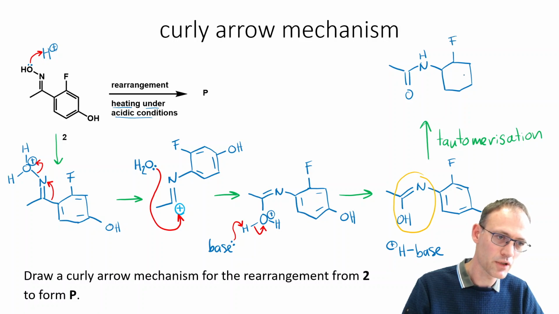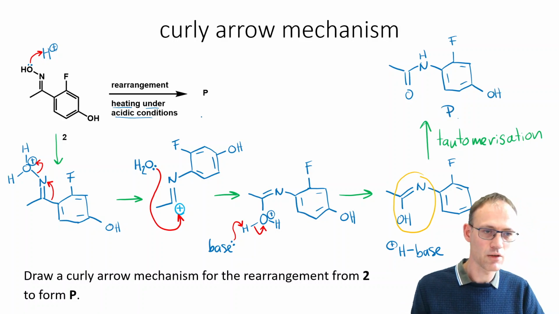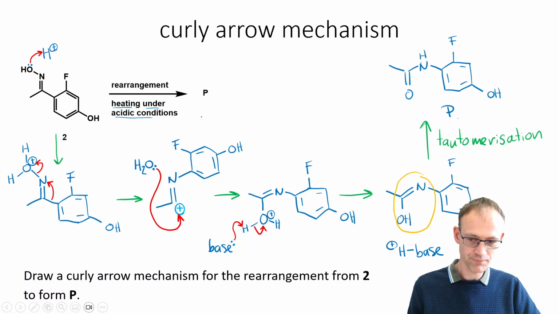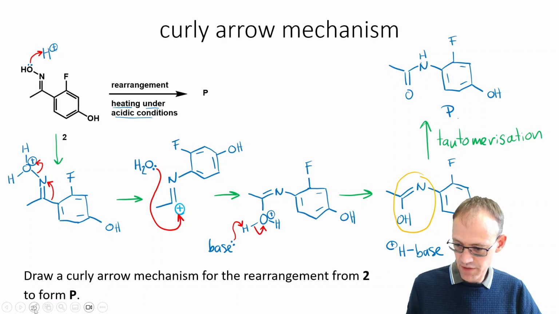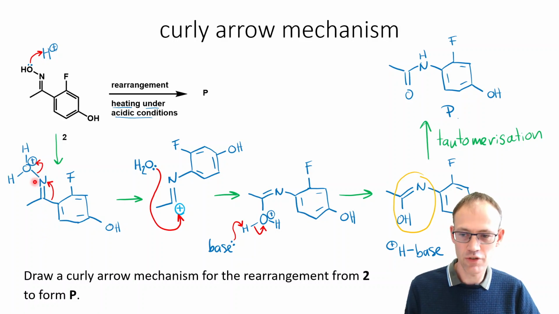But my final product, P, is now this product over here. Okay, so that is the curly arrow mechanism. But the key step in the Beckmann rearrangement is this particular set of curly arrows over here, where the electrons in this carbon-carbon bond move to the nitrogen, and the electrons between the nitrogen and the oxygen move towards the oxygen to lose a molecule of water.